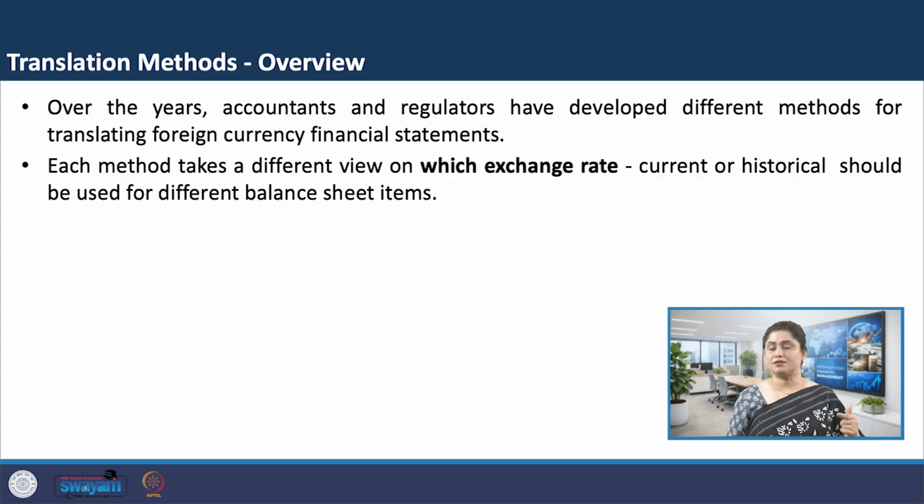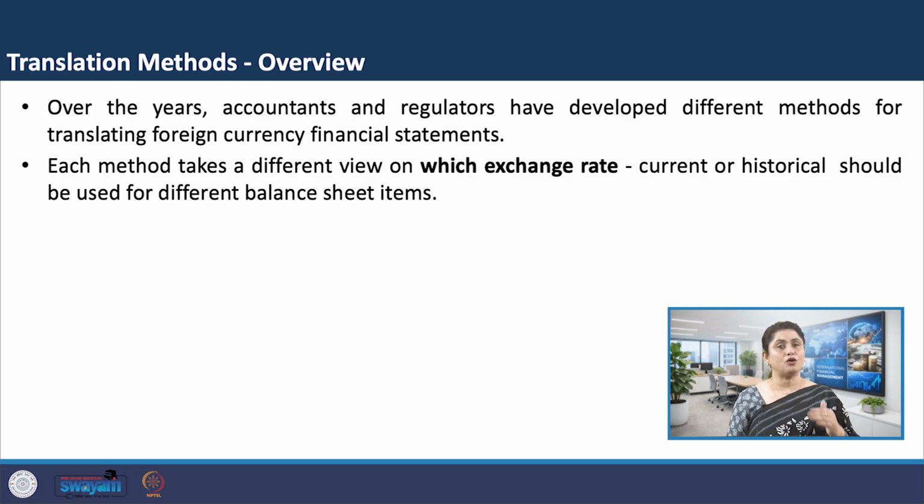Now, to understand translation exposure properly, we need to understand the four methods by which foreign currency financial statements can be translated. Because the choice of the method directly determines how much translation gain or loss appears in the account. Over the years, accountants and regulators across the world have developed different approaches to this problem.